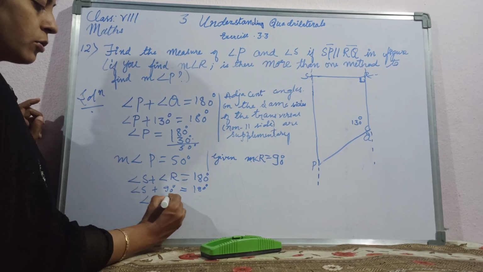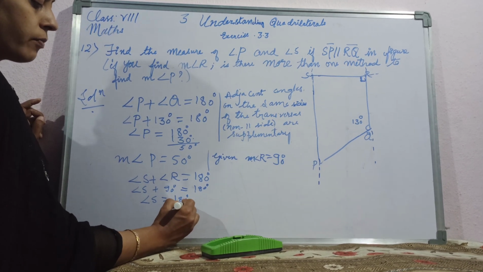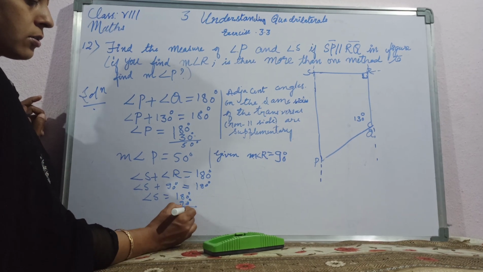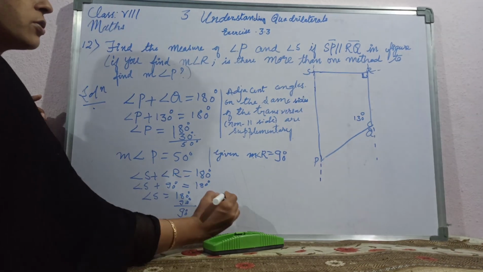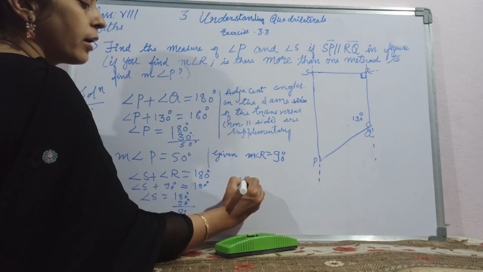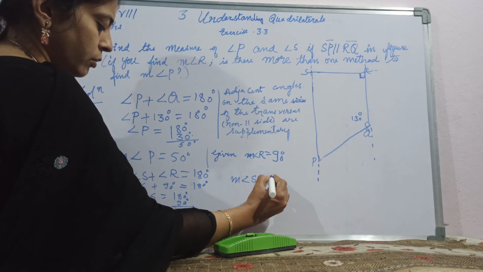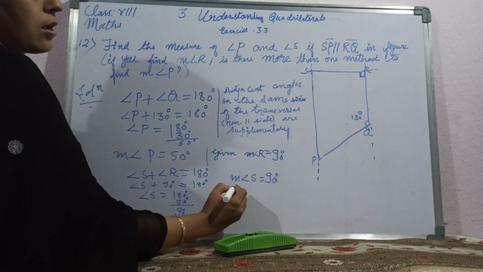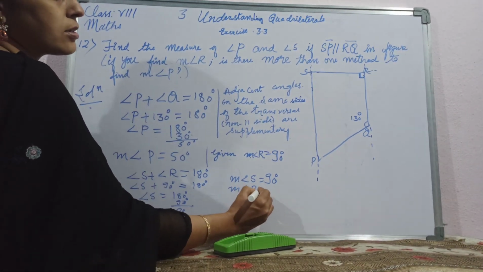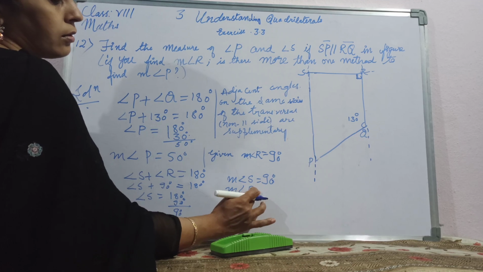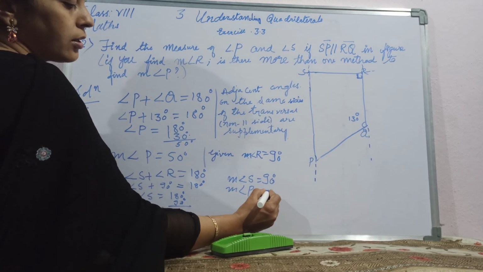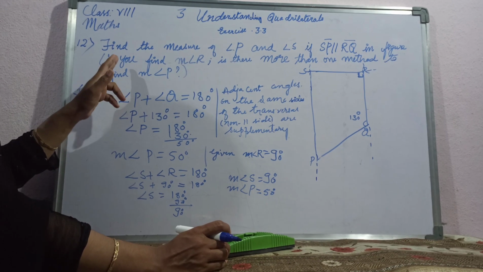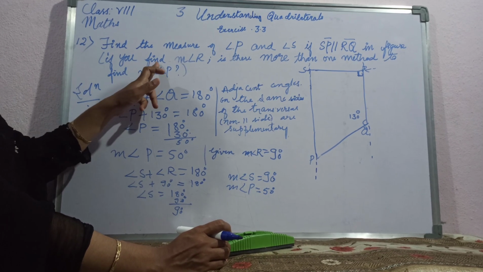Therefore angle S is equal to 180 minus 90, which gives you 90 degrees. So measure of angle S is equal to 90 degrees, and measure of angle P is equal to 50 degrees.